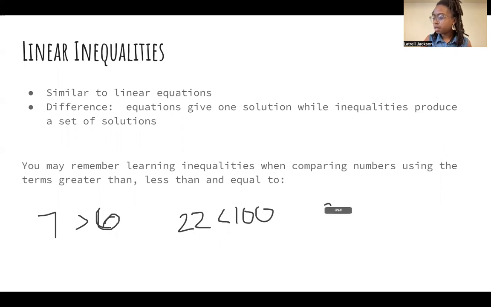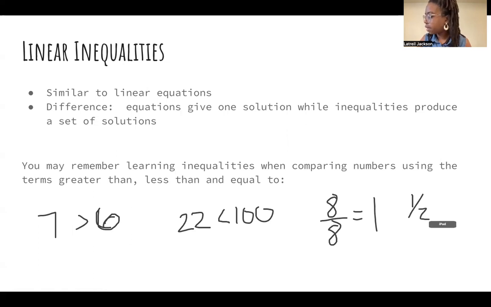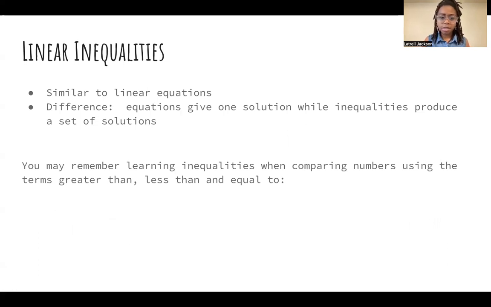Maybe 8 over 8 is equal to 1, and 1/2 is greater than 1/4. So those are some examples of inequality you may have seen already. So let's take a look at some different types of inequalities.